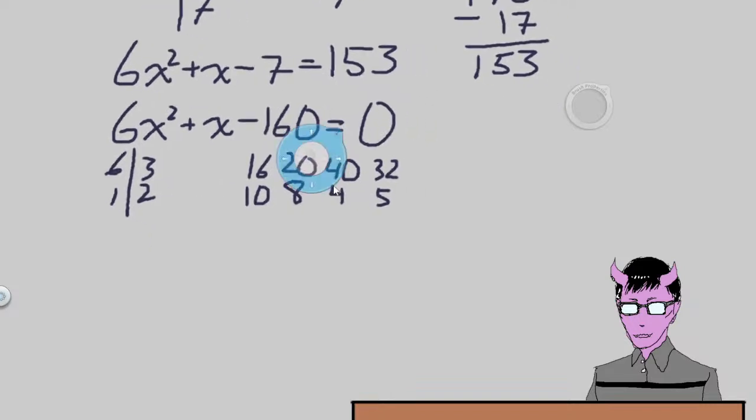Well, let me think. Factors of 45 times 2 times 2 times 2. 8 times 5 is 40, and then 40 times 4. We already have the 10 here. We already have the 8 there. We already have the 5.